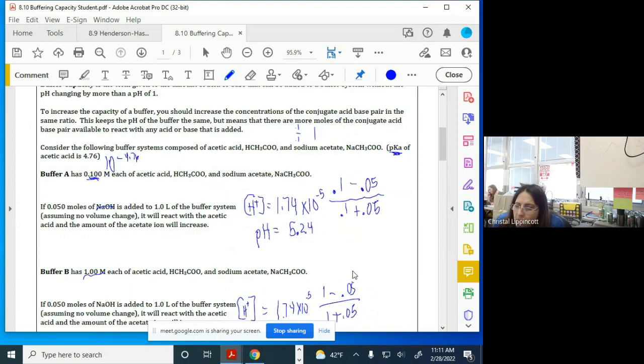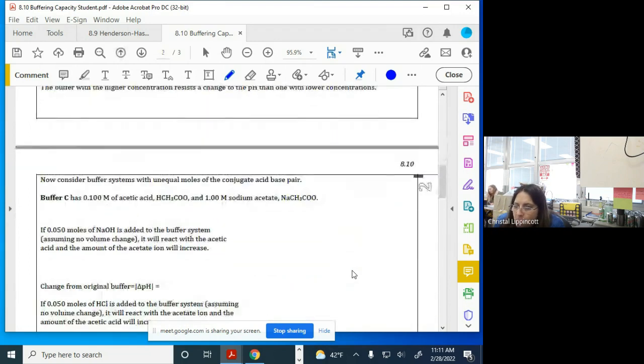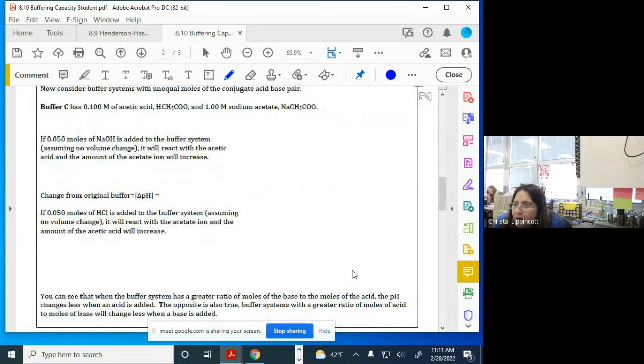So if we have the same situation here, this time we have 0.1 molar acetic acid, and we've got 1 molar sodium acetate. So our base is much bigger than our acid.